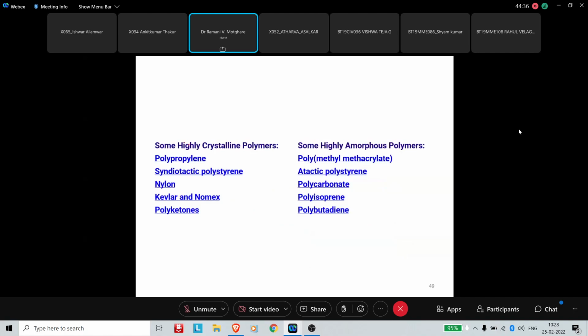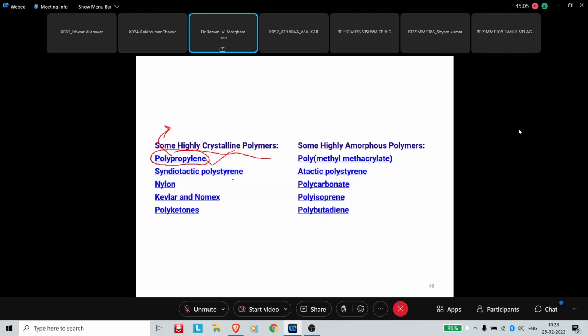So some highly crystalline polymers are polypropylene. Highly crystalline polymers like polypropylene are available in all phases, so you have to treat it in such a way that you can get a polypropylene having high crystallinity. Polypropylene is otherwise amorphous. So you may have amorphous, you may have a crystalline polypropylene.